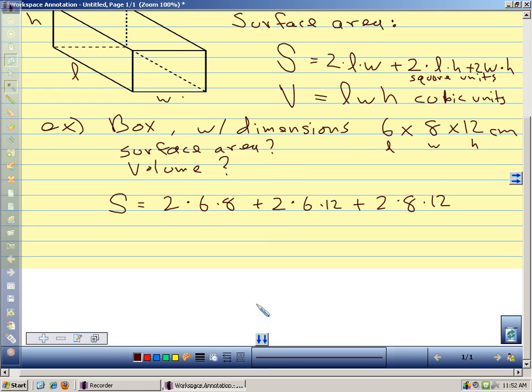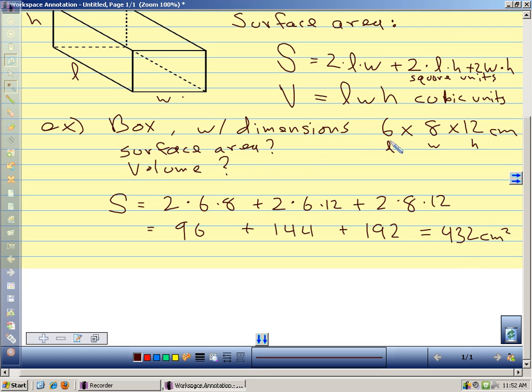If I calculate these out, 2 times 6 times 8, I get 96. Plus 2 times 6 times 12 is 144. Plus 192. And I add those all together, and I get 432 centimeters squared.